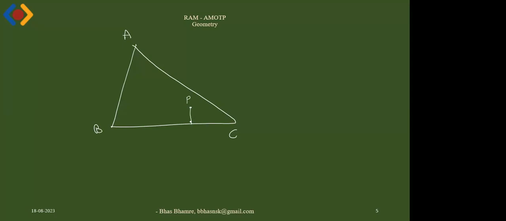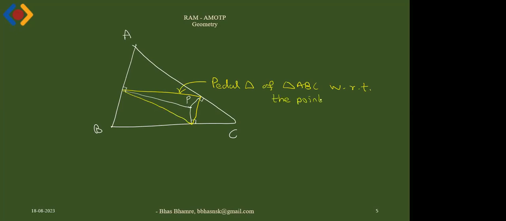Then if I drop the perpendiculars on each side from that chosen point in the plane of triangle ABC, yes, we are coplanar unless and until I state otherwise, then we see that a triangle is formed, which is known as the pedal triangle of triangle ABC with respect to point P.